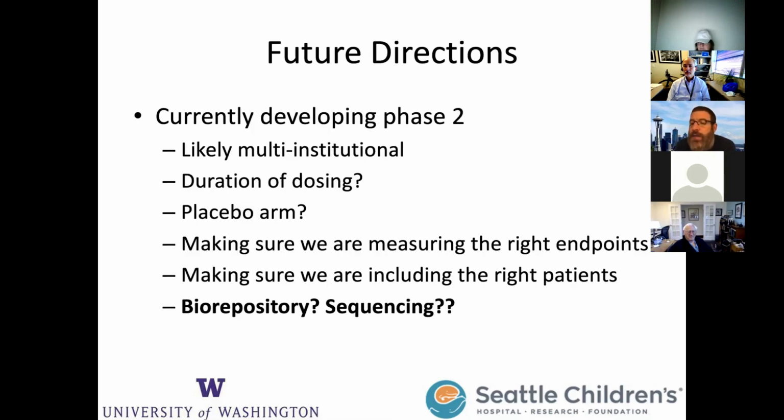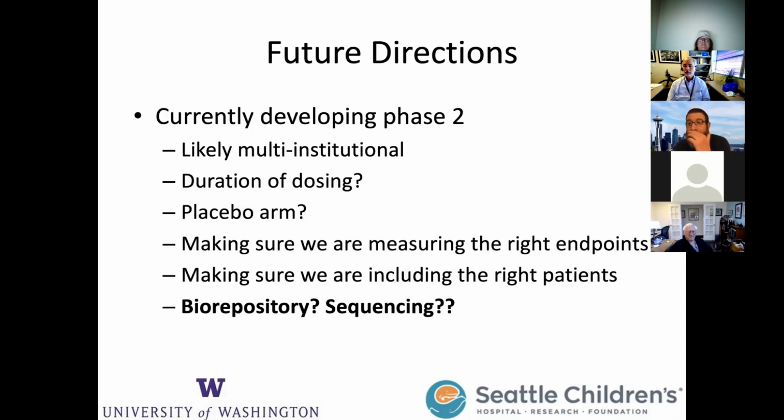Making sure that we're measuring the right endpoints. Not only should we be looking at efficacy with regard to epilepsy, which I think we all feel pretty confident is sufficiently powered, we'll see a significant reduction in epilepsy, but making sure that we're also studying some behavioral endpoints with regards to sleep, aggression, quality of life.